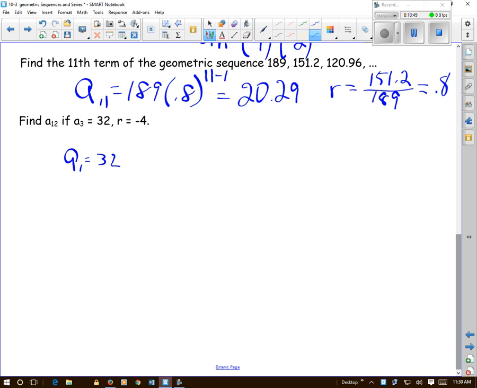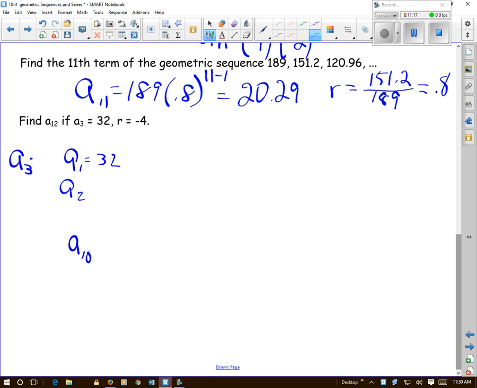Not a12, but a4. After a1 is a2, a10. So if we reset this to a1, we want to find a10.